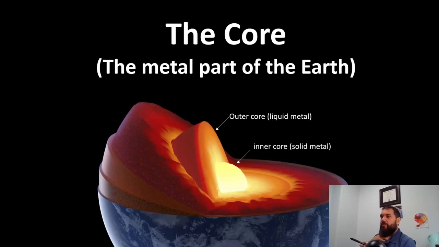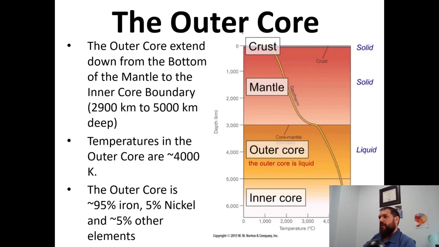The final part of the Earth we need to talk about is the core. Of course, we have an outer core that's liquid and an inner core that's solid. The inner core, outer core boundary is at about 5,000 kilometers.